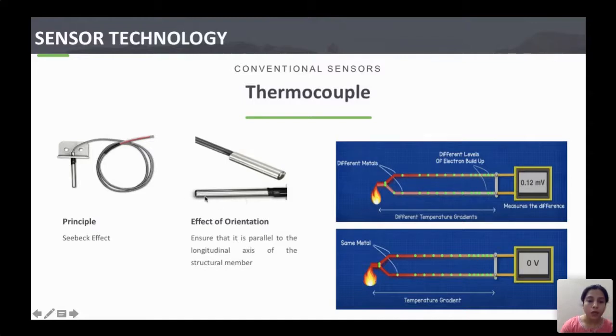They can move in their own plane, but they should not make any angle with the horizontal. This is because the temperature of the structure varies across the depth. So if it is kept inclined by mistake, then the results will be erroneous, right?